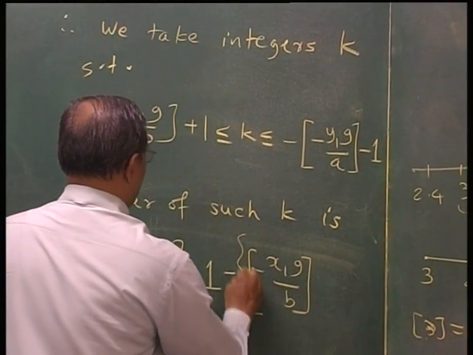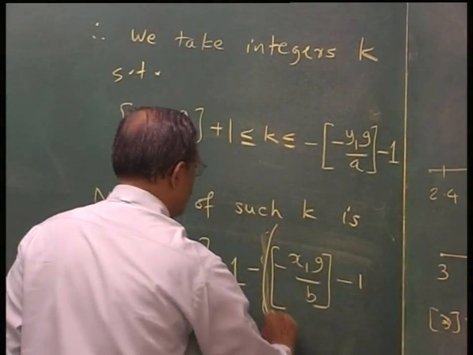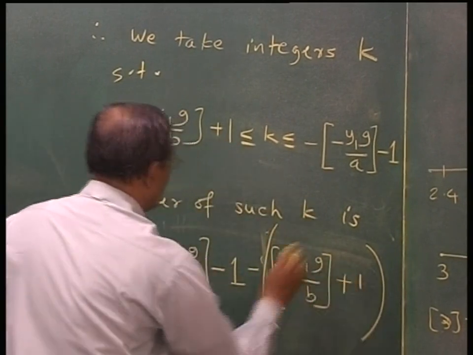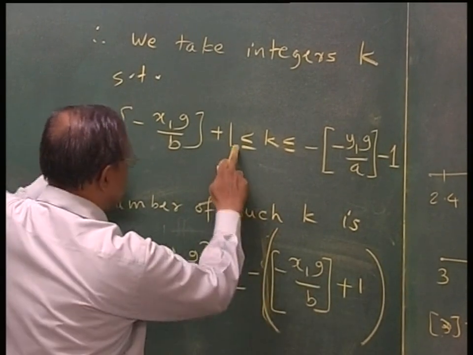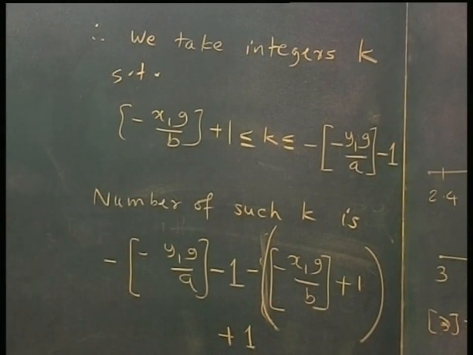So this plus 1 here. I have written this number as it is here, minus this number I have written over here, and add 1 to it.